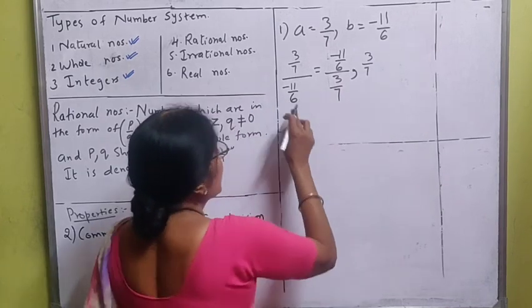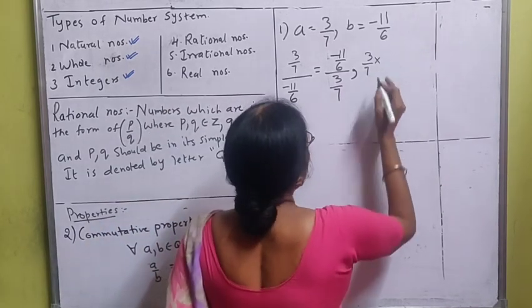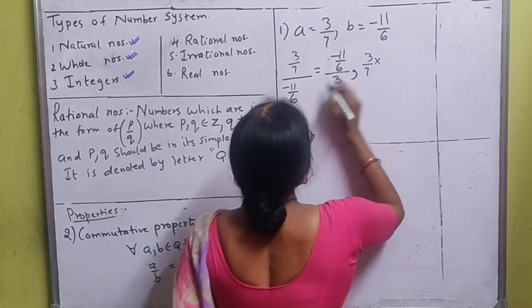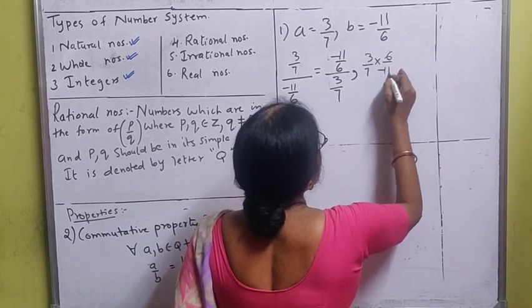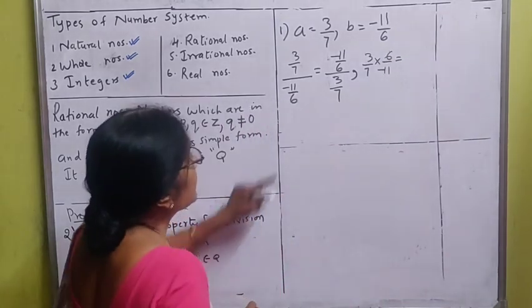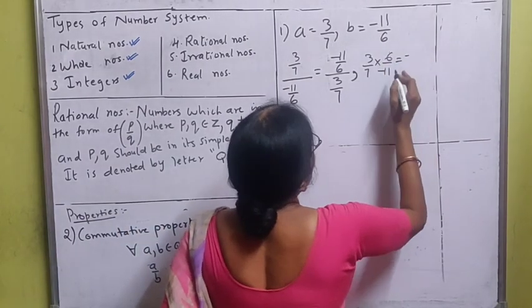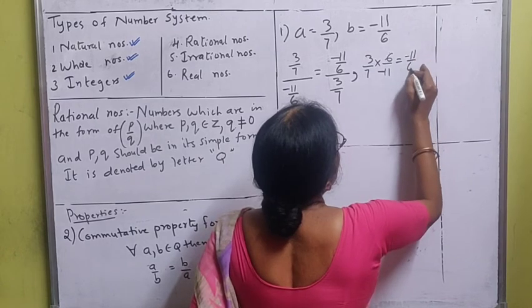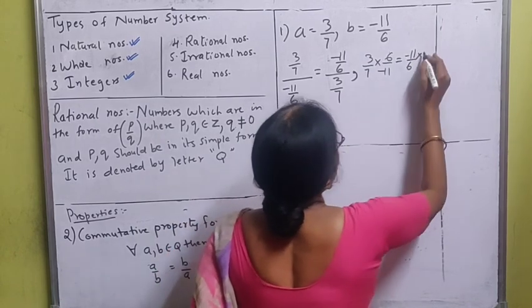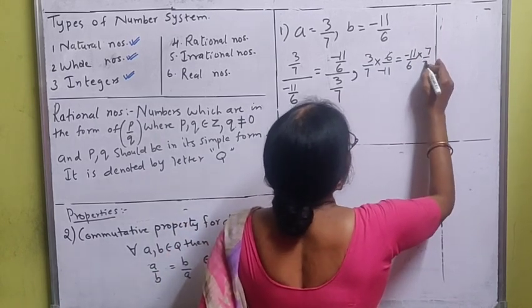Then the second fraction you have to take the reciprocal, into 6 by minus 11. Next the same thing: minus 11 by 6 will remain as it is, into 3 by 7 will become 7 by 3.